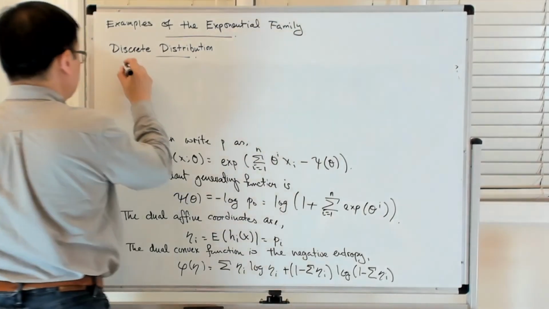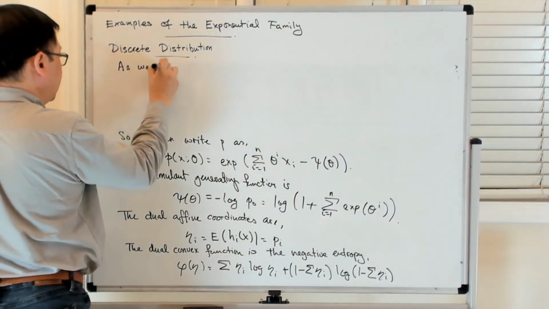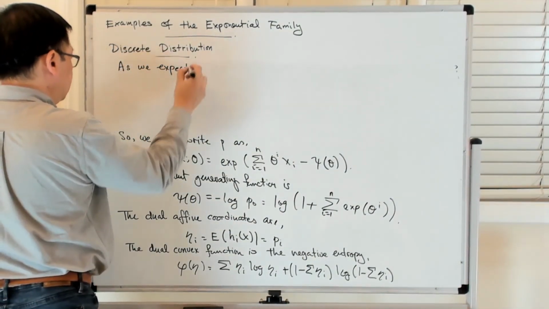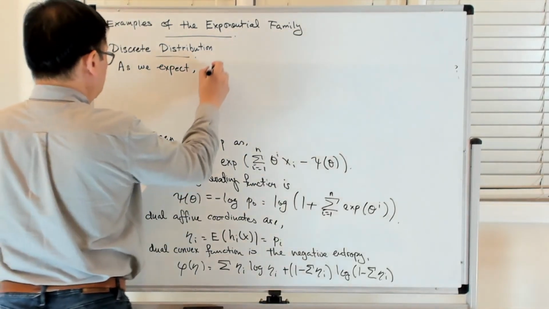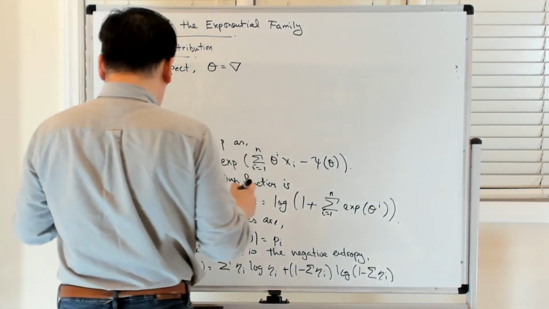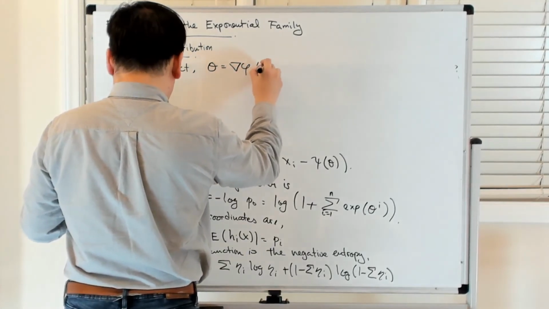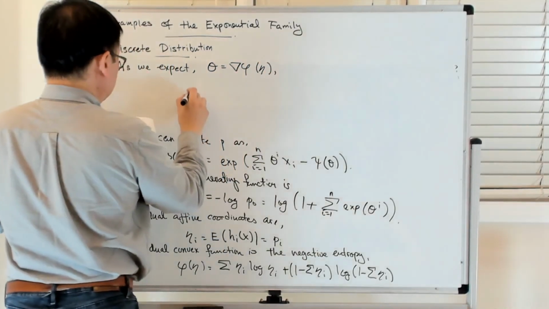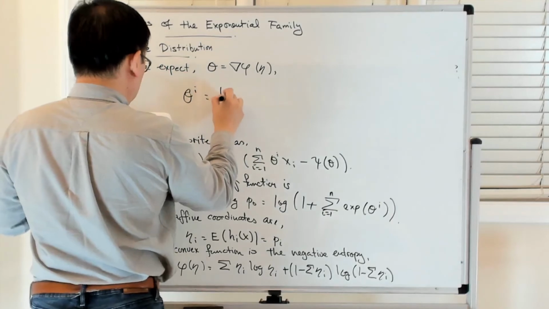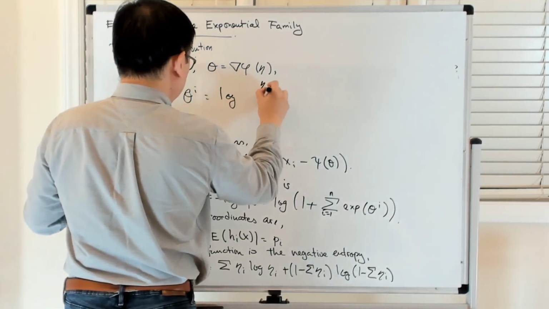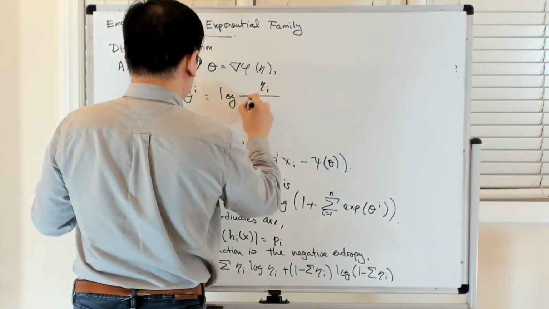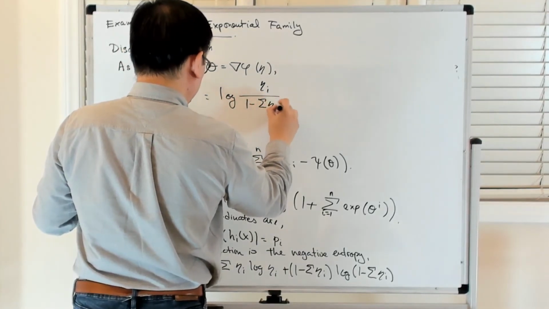So as we expect, theta is equal to the gradient of psi at eta, and then theta i is equal to the log of eta i divided by 1 minus the sum of eta i.